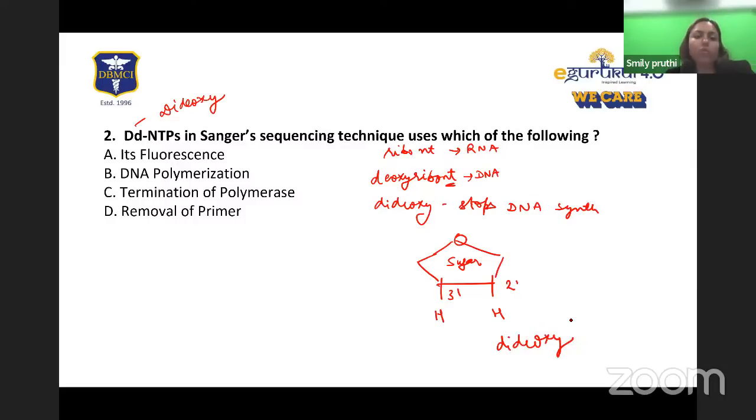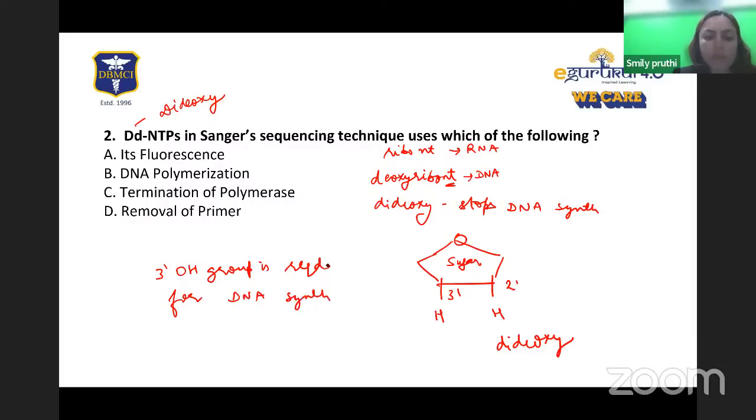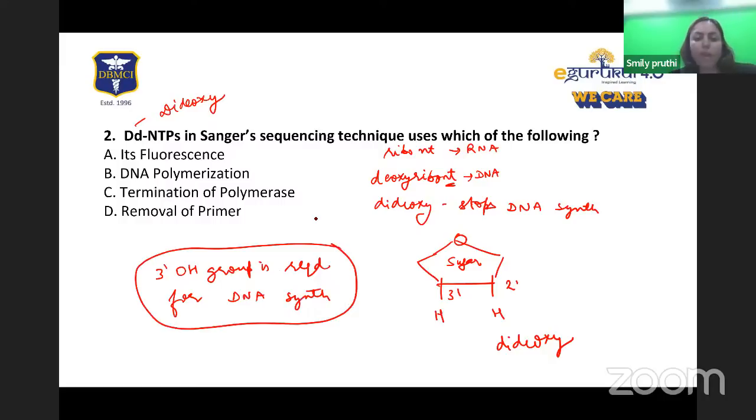For continuation of polymerization of DNA, the 3' group is required at the end of the chain. Now, there is no 3' group here, so it will stop DNA synthesis. So it causes termination of polymerase in the dideoxynucleotide method, right?